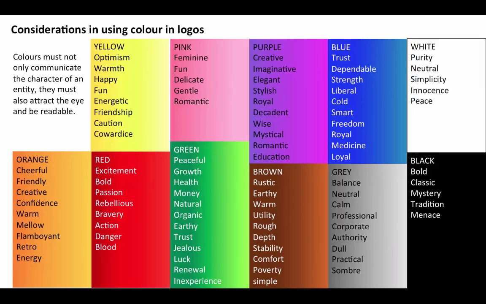And of course, there is color. And color must be thoughtfully applied to a logo. It should match the field in which the logo sits in terms of the industry or the kind of message that needs to be communicated. So colors must not only communicate the character of an entity, they must also attract the eye and be readable.